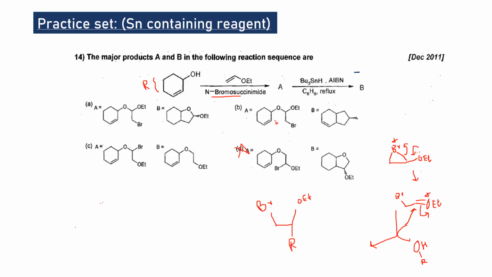Okay, now in the next step they have added Bu3SnH. So Bu3SnH will generate a radical here.